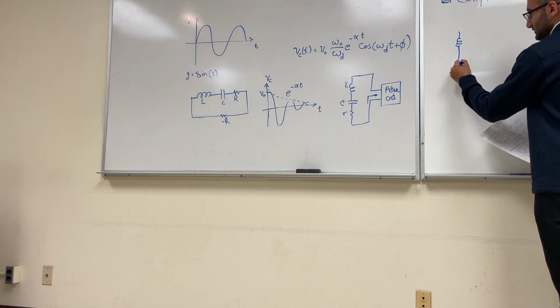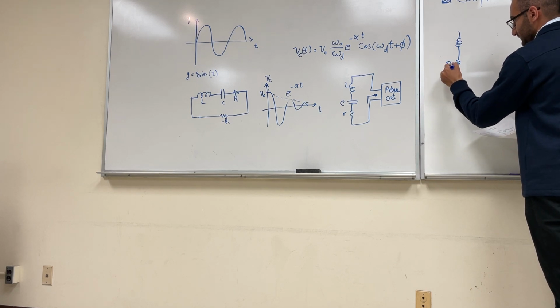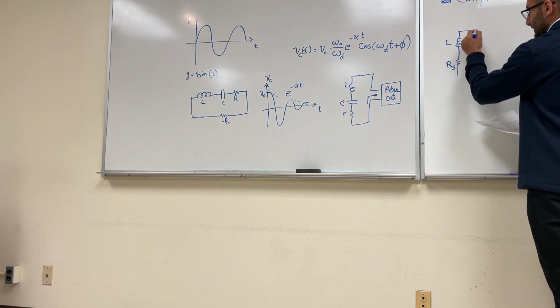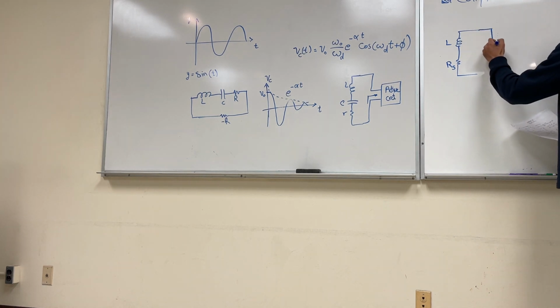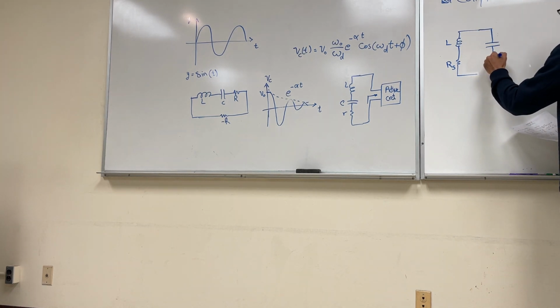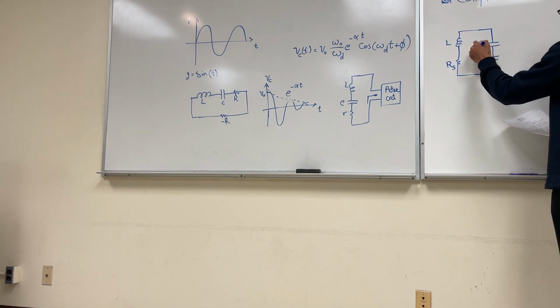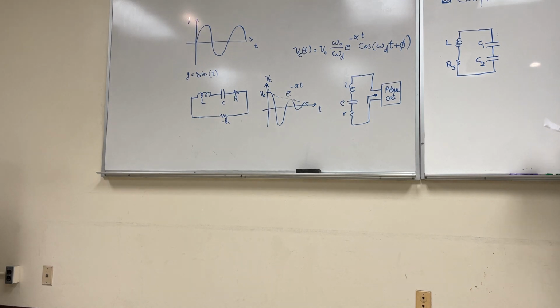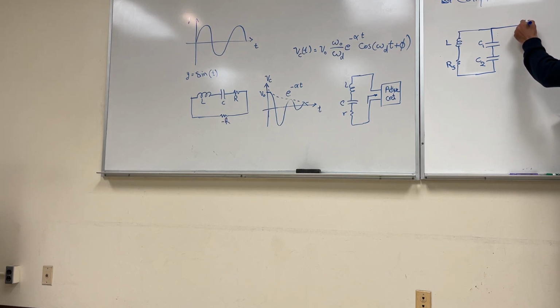With any inductor, there is some series resistance, which is again that damping factor. And then we have our capacitor, but this time I'm going to split my capacitor into two capacitors. So far this is the same old LC tank. And then I'm going to connect another circuitry to this.